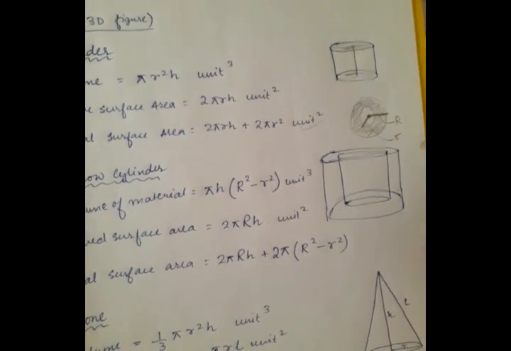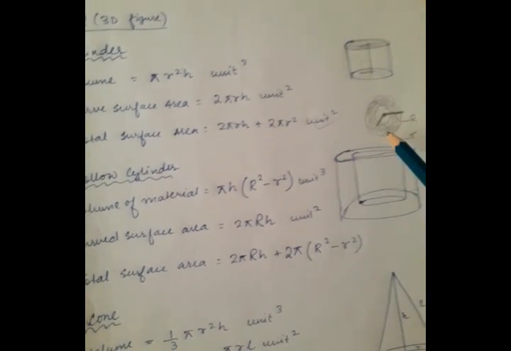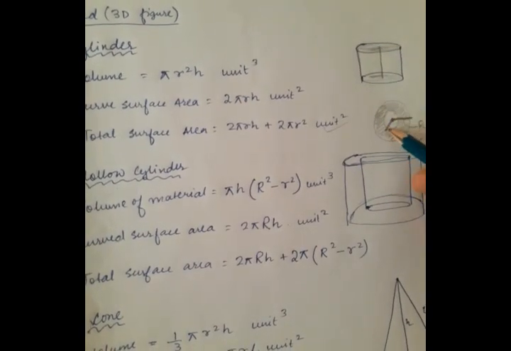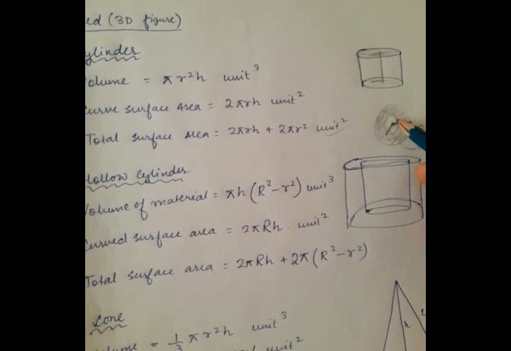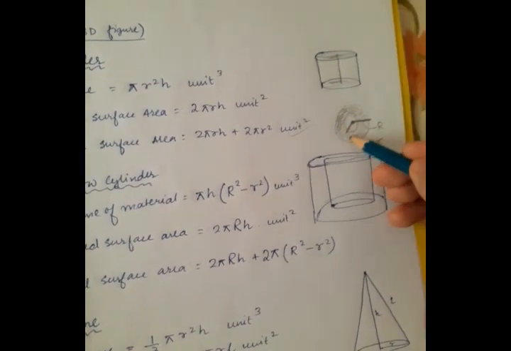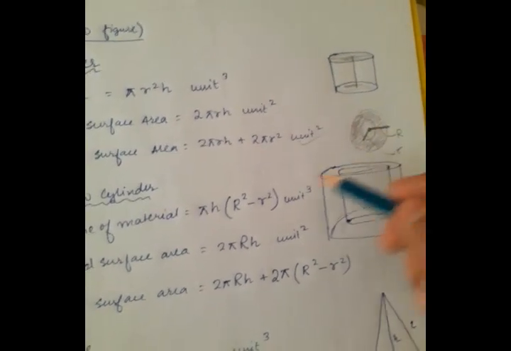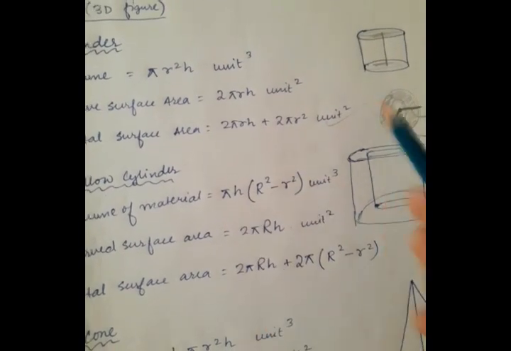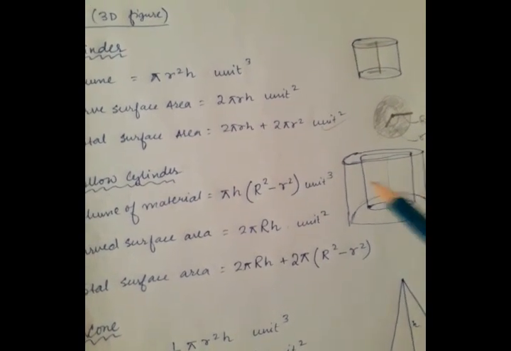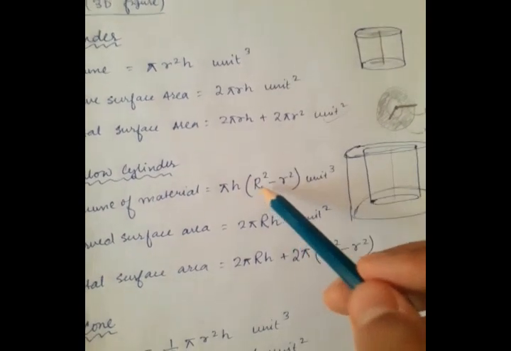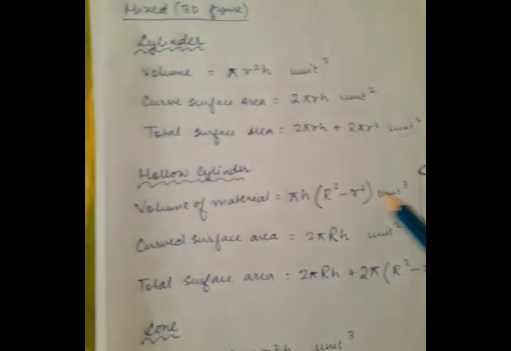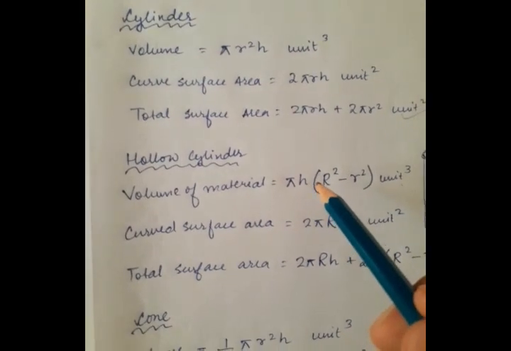We take the difference because we don't need this part, it is hollow and the hollow part has no material, so we have to find the material content. So it is pi into height. Obviously for the hollow cylinder the height is constant, remember this, pi h (R square minus r square) unit cube. It will be giving out the volume of the material content of a hollow cylinder.